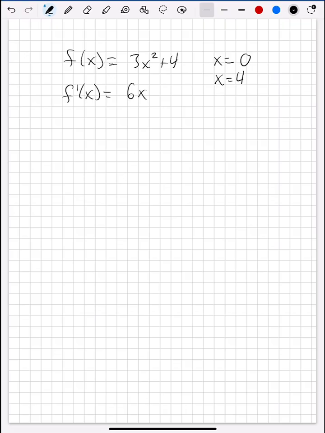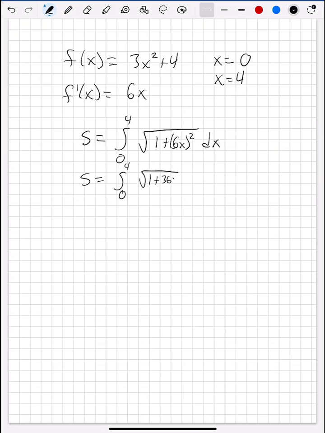So my arc length, because the distance formula doesn't do me any good here since I'm on a curve, is the integral from 0 to 4 of the square root of 1 plus (6x) quantity squared dx, which is 1 plus 36x squared dx.